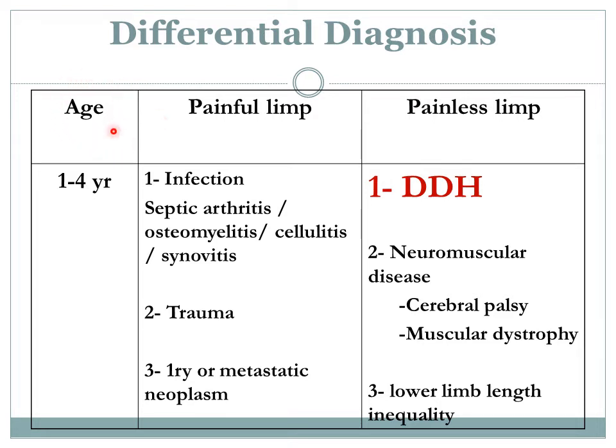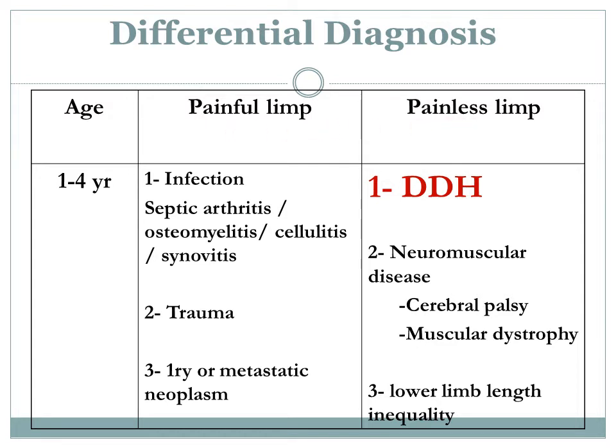The first is the age, and if we categorize the age into three groups, the first group is from 1 to 4 years, the second group from 4 to 10 years, and the third group from 10 to 18 years. It's very helpful in order to suspect the common causes of abnormal limp. And the second very important factor is the presence or absence of pain: whether it is a painful limp or a painless limp.